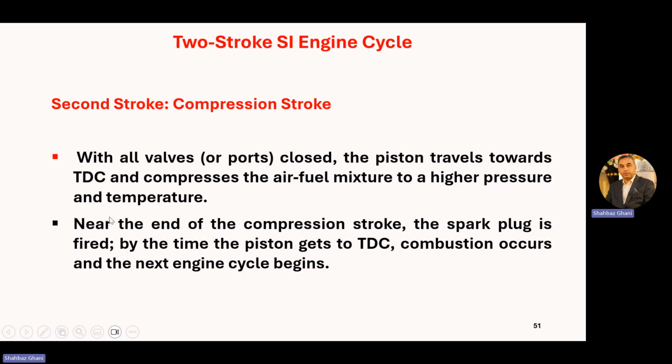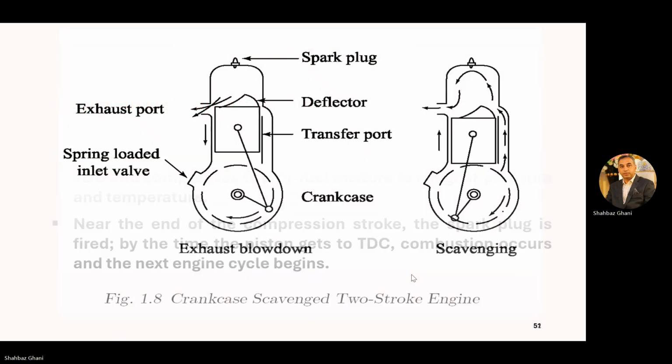Both intake and exhaust valves or ports are closed. Near the end of the compression stroke, the spark plug is fired. By the time the piston gets to the TDC, combustion occurs and the next engine cycle begins.